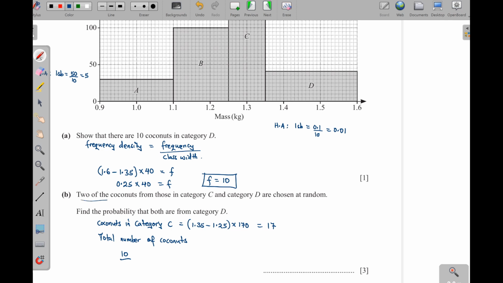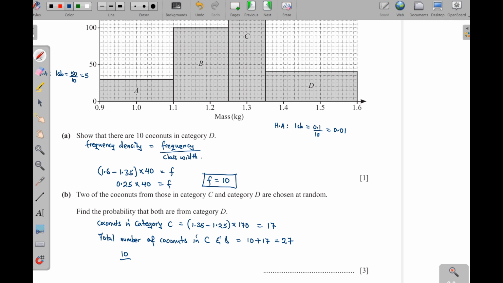Remember, they are saying 2 of the coconuts from those in category C and D. So our sample space is in C and D, not all of them. You see that? So total number of coconuts in C and D shall be equal to 10 plus the 17. Then this one gives us what? 27. Not so?